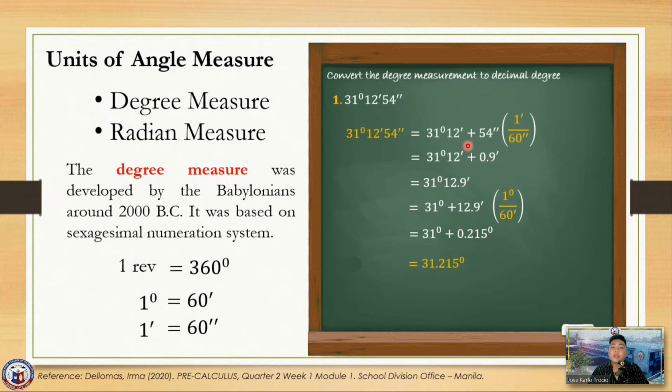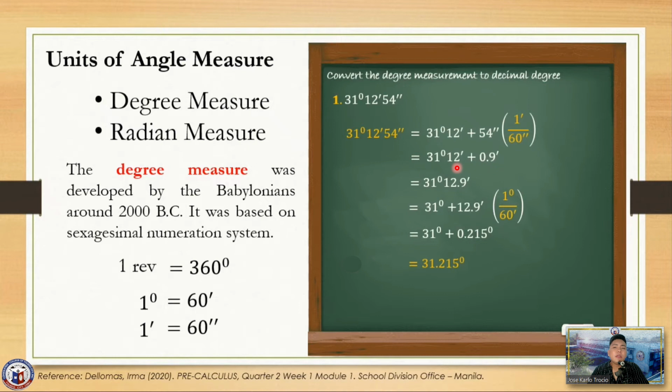So separate first the 54, which should be the seconds, the least. So 54 seconds times 1 minute over 60 seconds. So that is 54 with 2 apostrophes divided by 60 with 1 apostrophe. Cancel the apostrophes, leaving you with 1 apostrophe. That becomes 0.9. 54 divided by 60 is 0.9 minutes now.